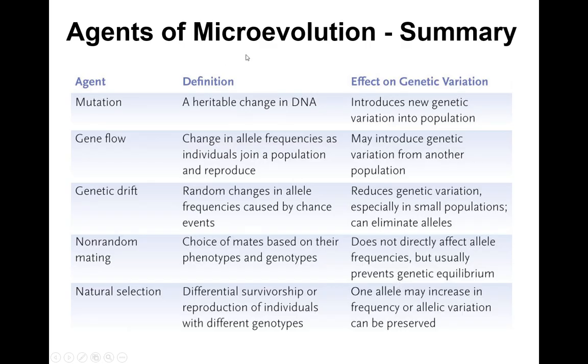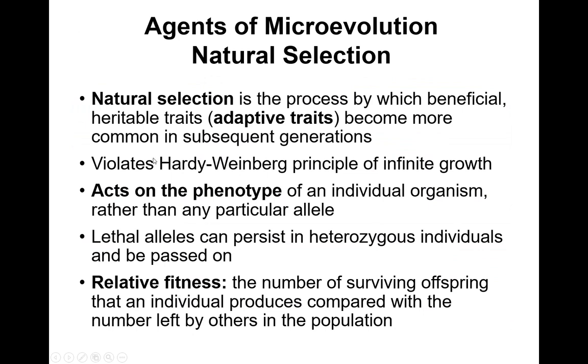So here is a summary of all the agents of microevolution we just mentioned. Mutations, gene flow, genetic drift, non-random mating, and the last one, which I already mentioned when we talked about Darwin, is obviously natural selection, which, if you recall, is that process in which some variants, which we call heritable traits, adaptive traits, beneficial traits, become more common in a population.